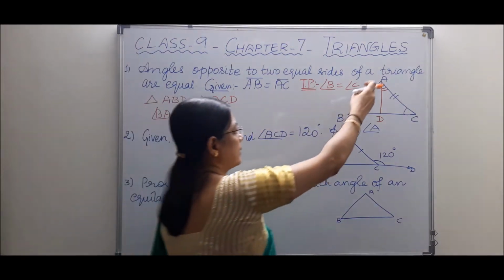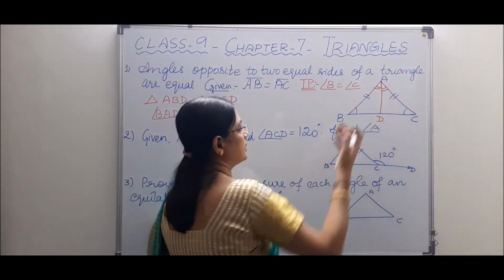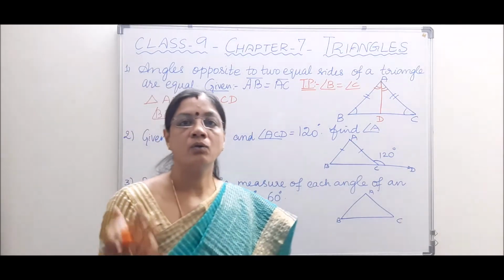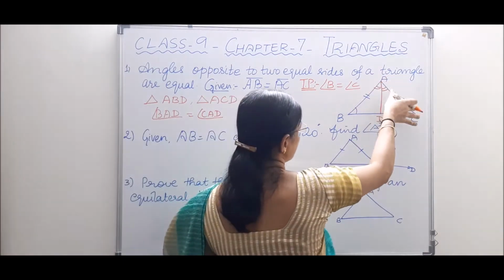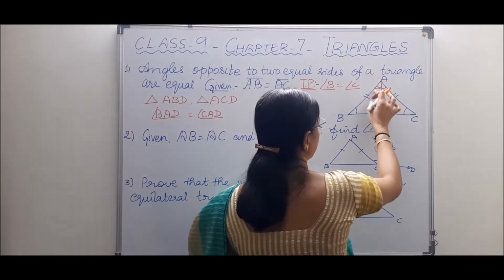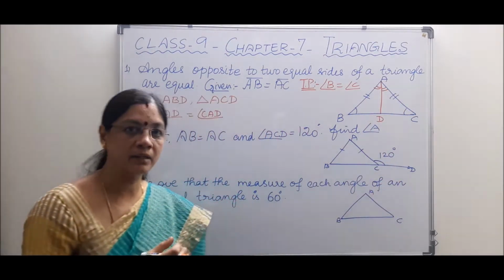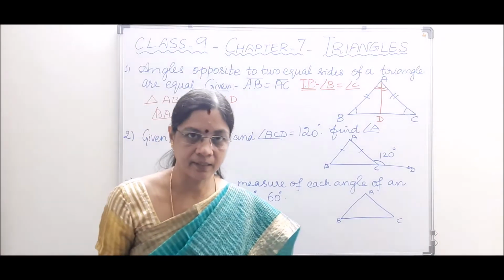Because it's an angle bisector, it divides the angle into two equal halves. Now what are the things we have? The given is two sides are equal, and we have constructed an angle bisector so that angle BAD is equal to angle CAD.